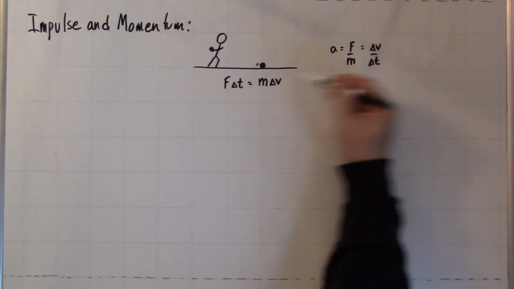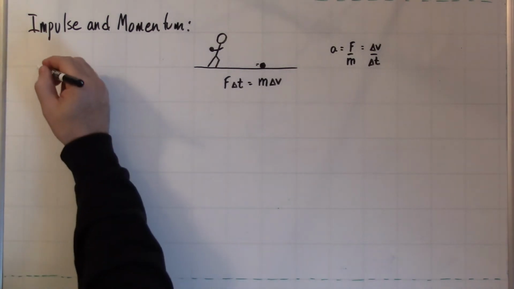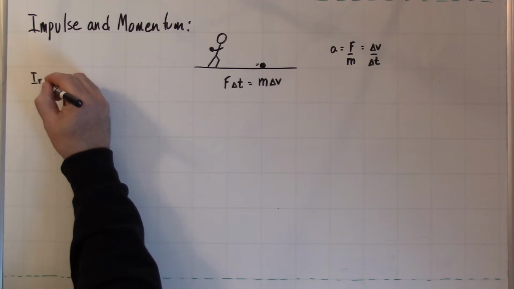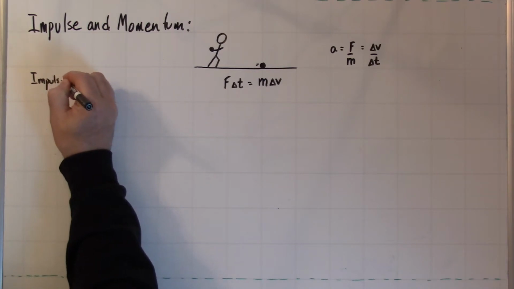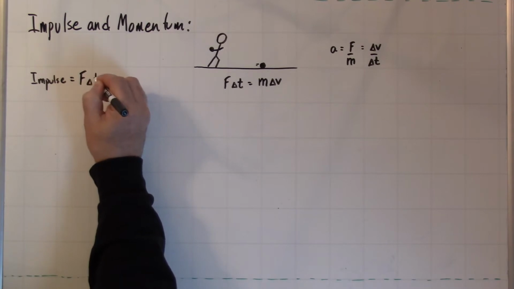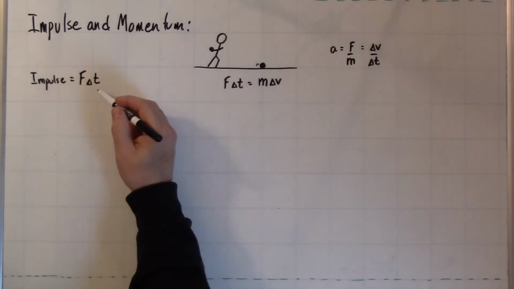And we can see that this has the same structure. This concept here is called the impulse. Literally, the impulse is the force times the time that the force is applied. That is the impulse. And so when you talk about the impulse on an object, this is one way to calculate it.